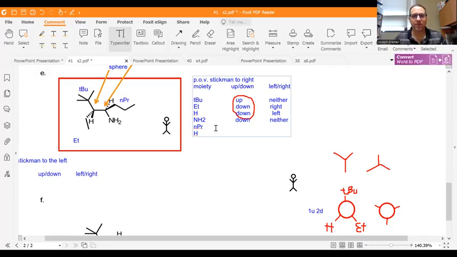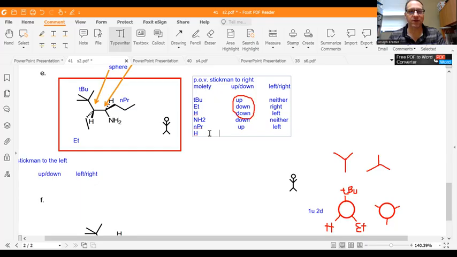Here's the n-propyl. You can use your answer from before with respect to the hydrogen wedge. This time, isn't the n-propyl above the person's head? So the n-propyl is up. Let that be up. And this time it's to the left, like you saw for the wedge hydrogen, to the left.